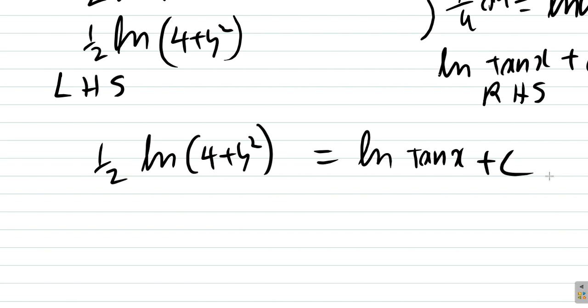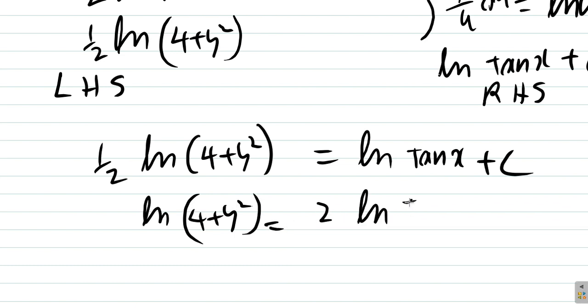Suppose we multiply everything by 2, we would have ln 4 plus y squared equals 2 ln tan x plus c. C is a constant. Let us write everything as ln.